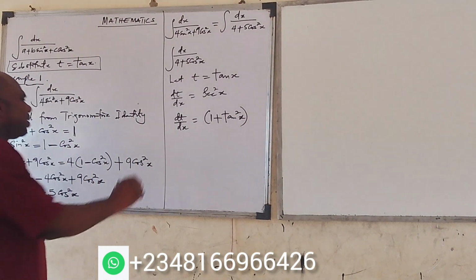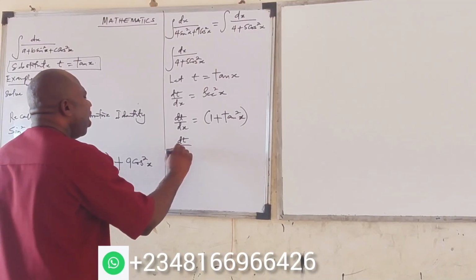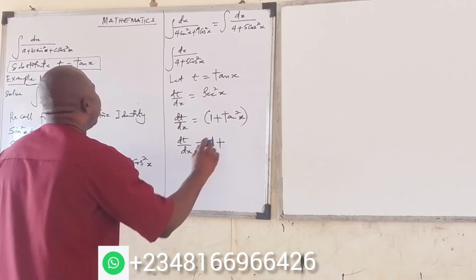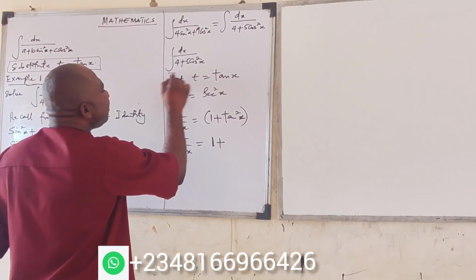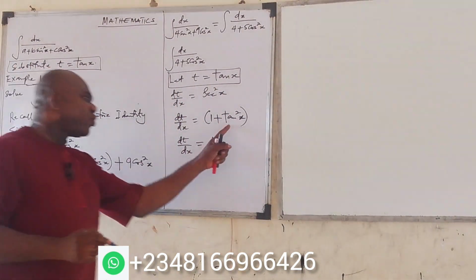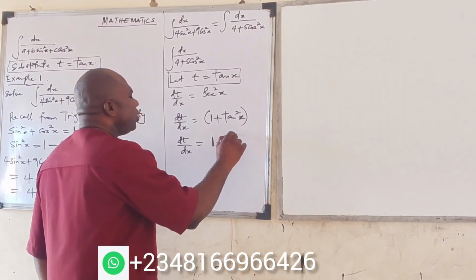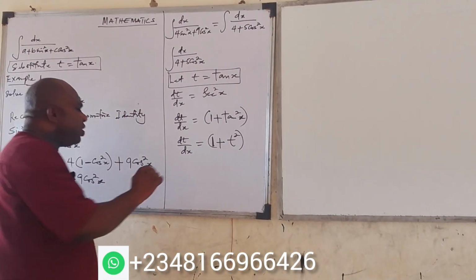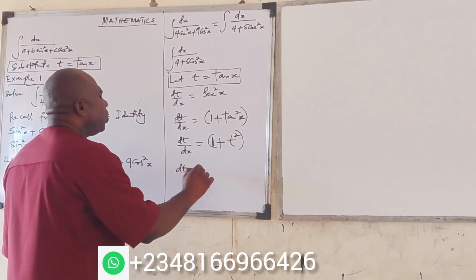So it therefore means that dt over dx is equal to 1 plus, remember here we said let t be equal to tan x, so tan squared x will be t squared. So dt over dx will be equal to 1 plus t squared.